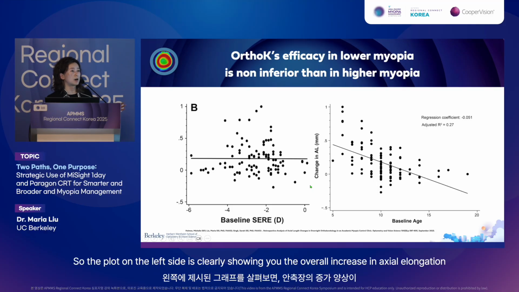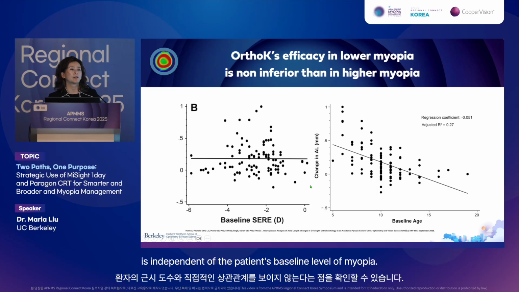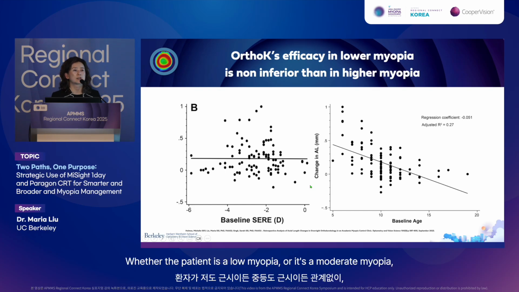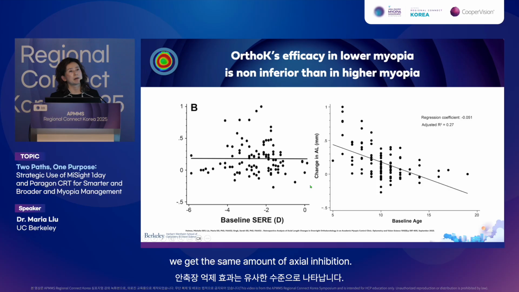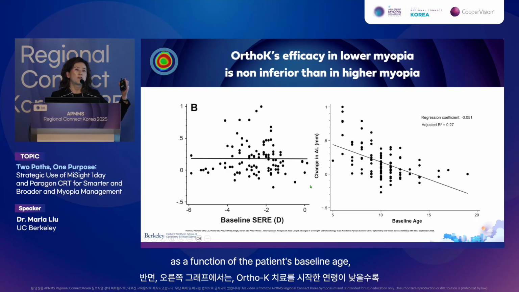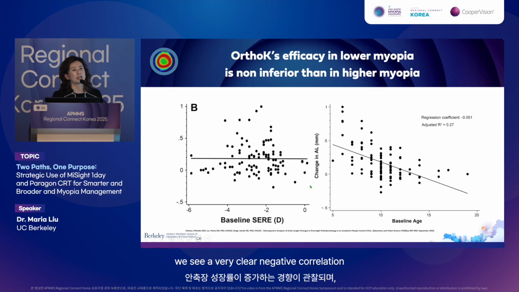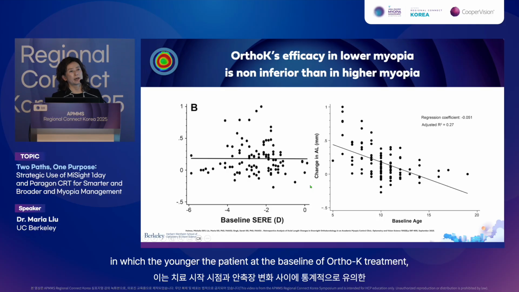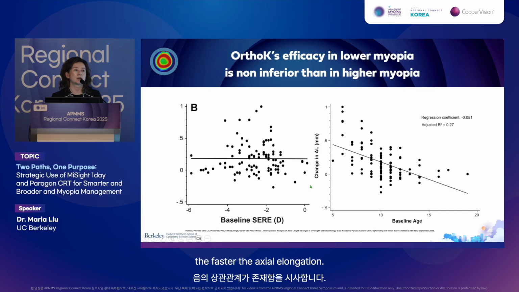So the plot on the left side clearly shows you the overall increase in axial elongation is independent of the patient's baseline level of myopia. Whether the patient has low myopia or moderate myopia, we get the same amount of axial inhibition. But on the right side, if we see the plot of the axial length change as a function of the patient's baseline age, we see a very clear negative correlation, in which the younger the patient at the baseline of ortho-K treatment, the faster the axial elongation.